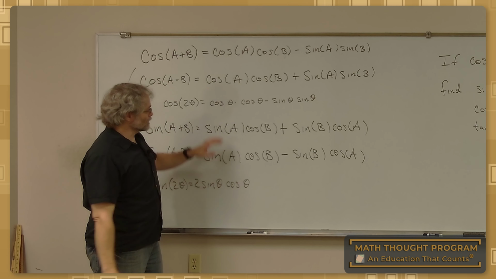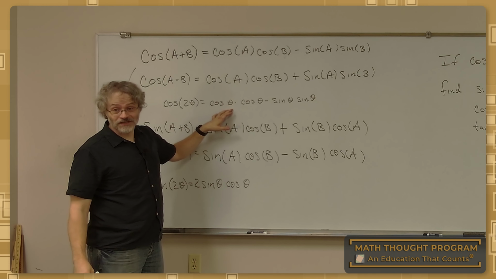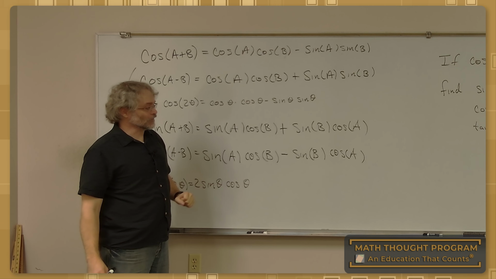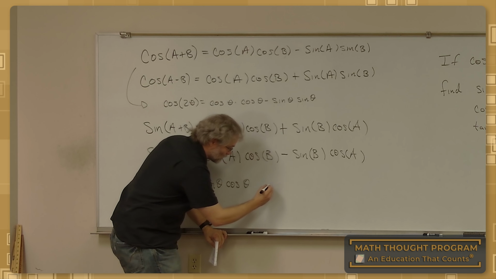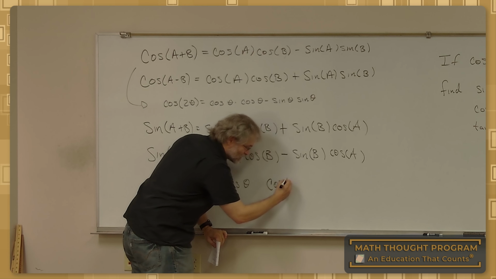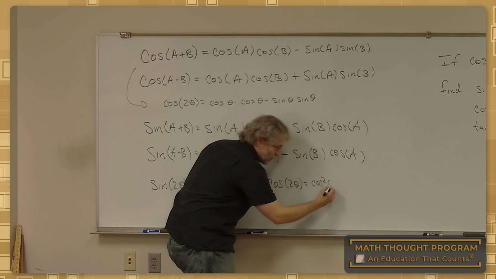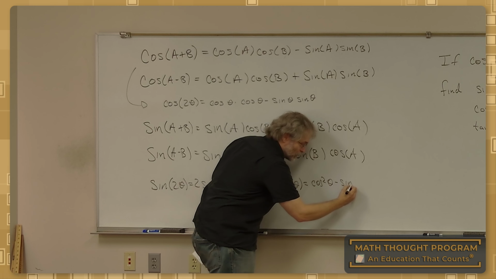So what we get here is cosine squared minus sine squared. That seems rather important too. So cosine 2 theta is cosine squared theta minus sine squared theta.